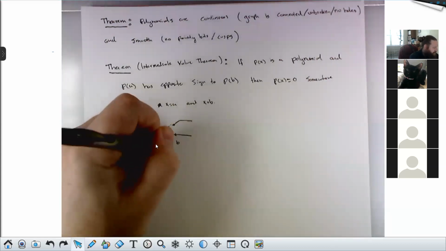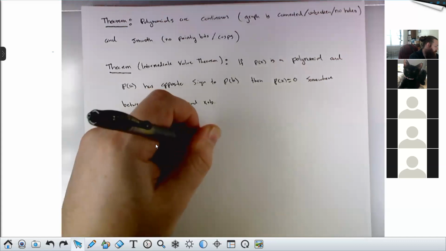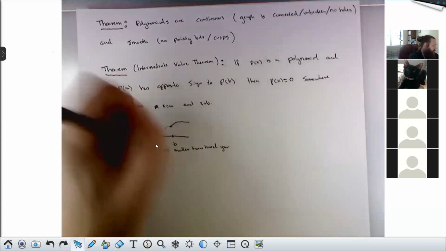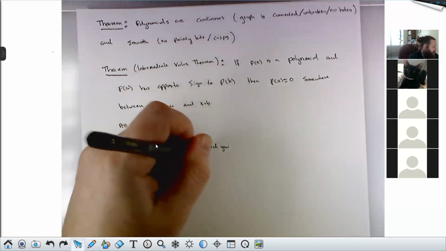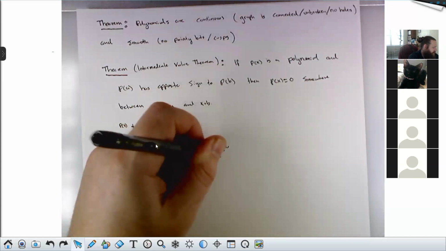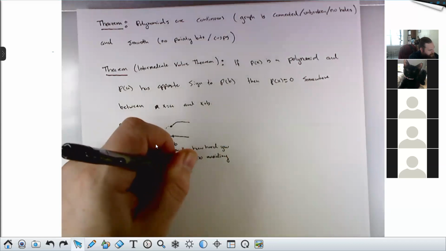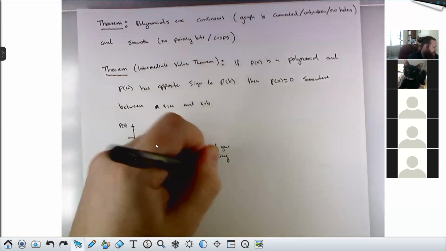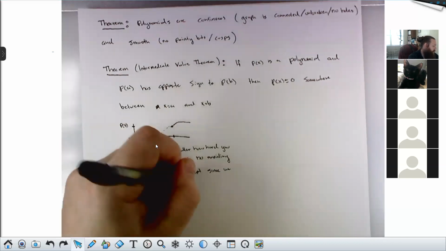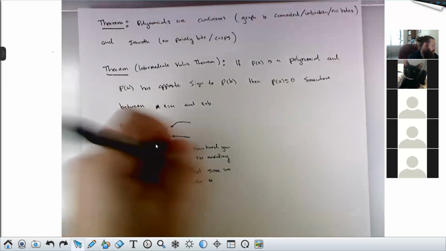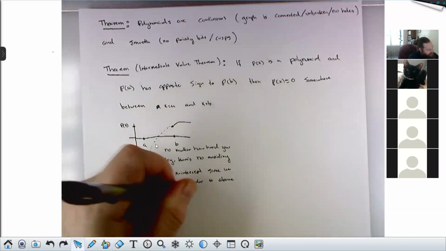So, there's no avoiding an x-intercept since we go from under to above the x-axis.